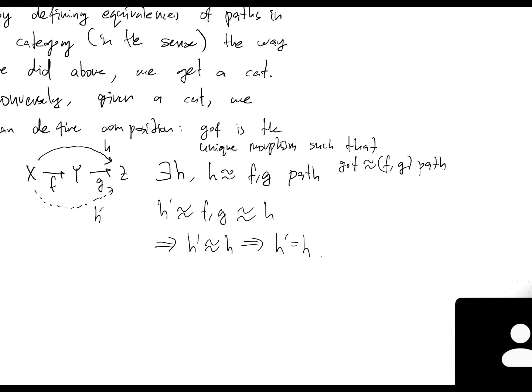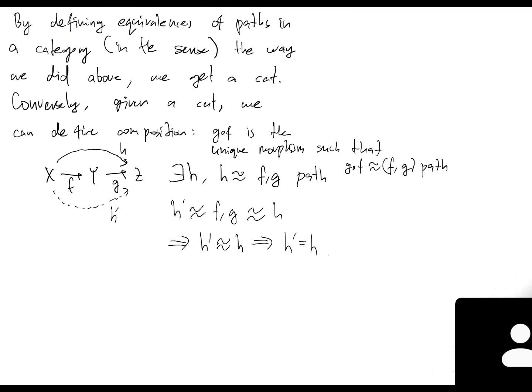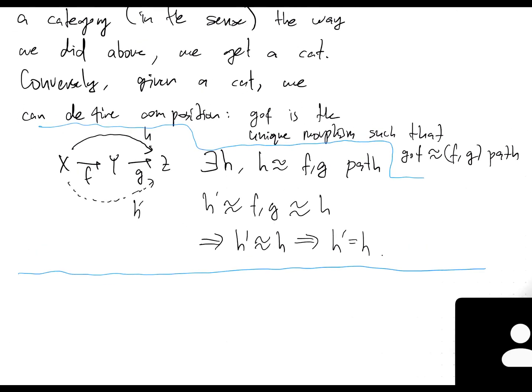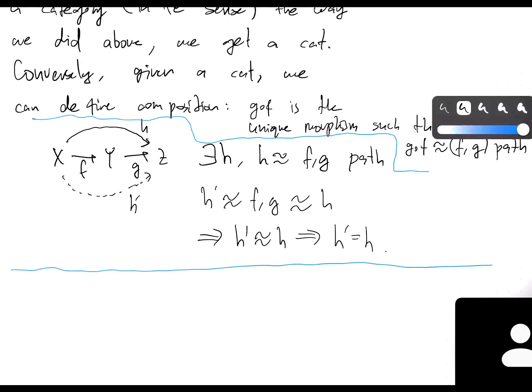And then it will turn out, and again, this is something we already implicitly established, that this way of defining composition does define a category. Let me just separate this text from each other to make it more clear what's going on here. So conversely, given a cat, we can define composition this way, and this will turn a cat into a category.